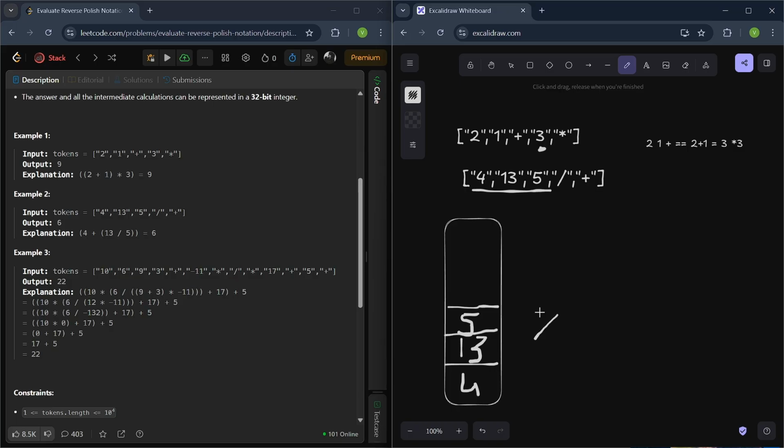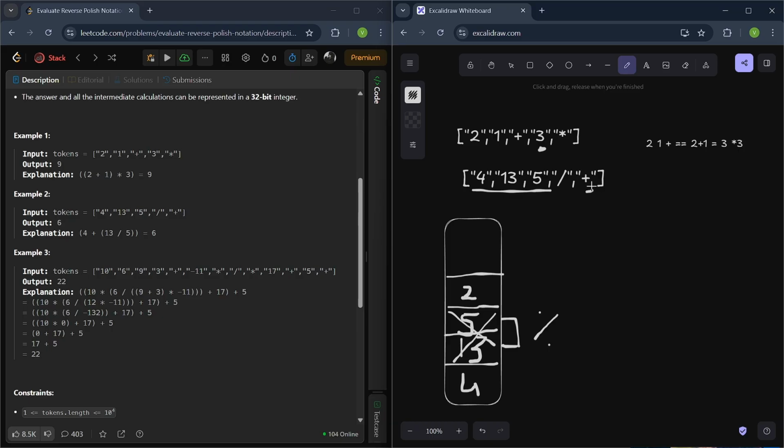On coming up with an operator, we first look at the top two values of the stack, that is 5 and 13. We are going to divide it, something around 2.5 would come. I'm going to consider it as 2.